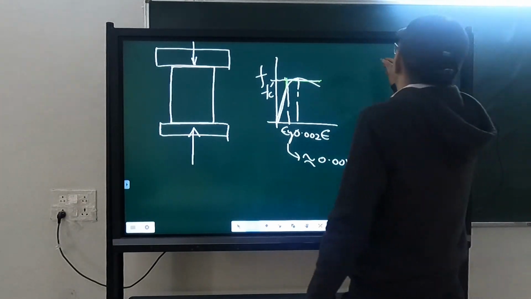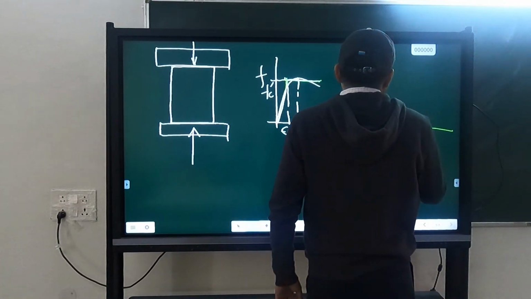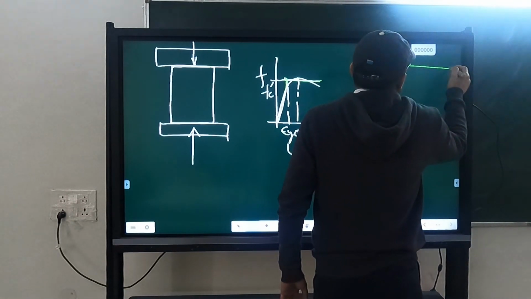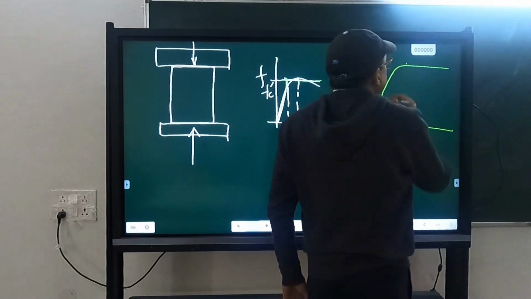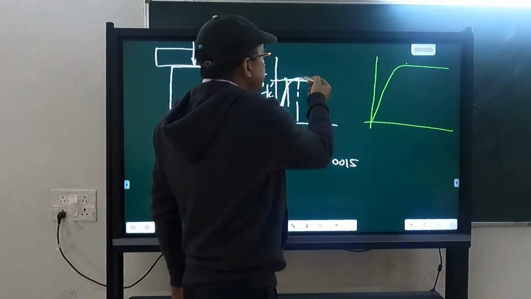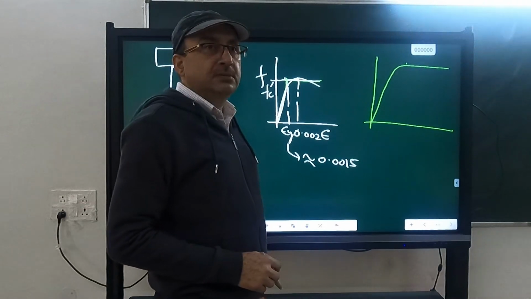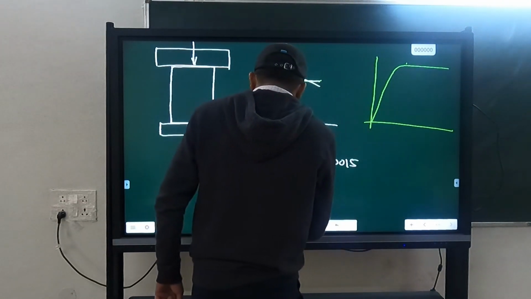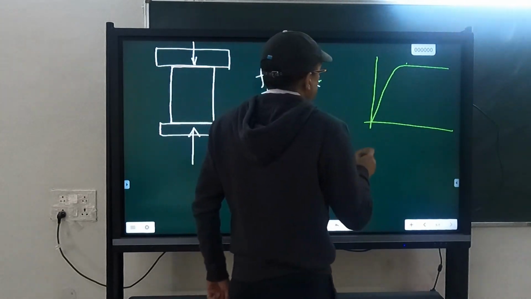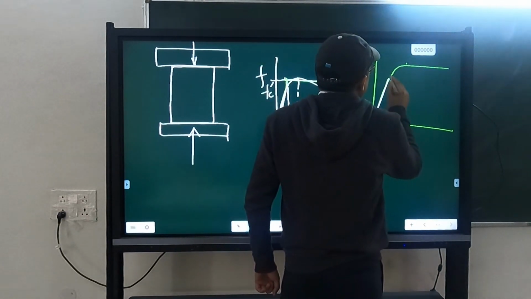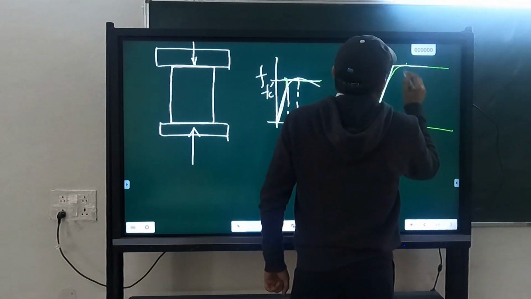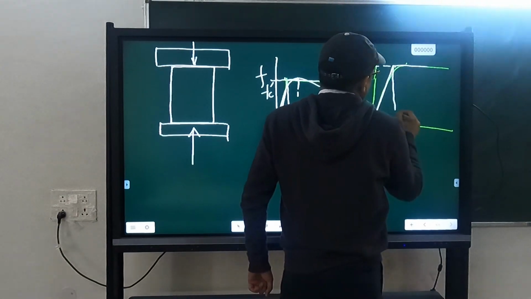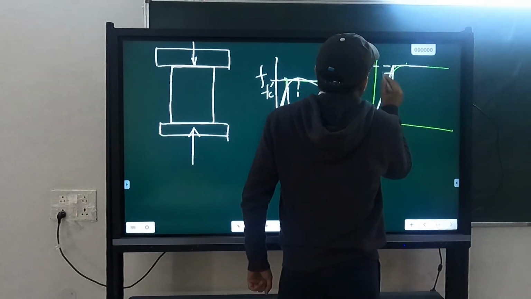The same curve is there in the case of steel, and it is like this. But as compared to the total curve, this portion is quite small. Here it is not so. So when we develop the equivalent bilinear curve, it comes out to be like this, and actually you should have considered this.